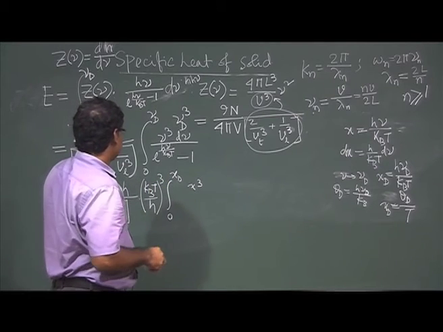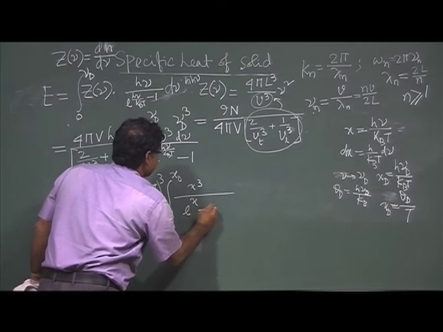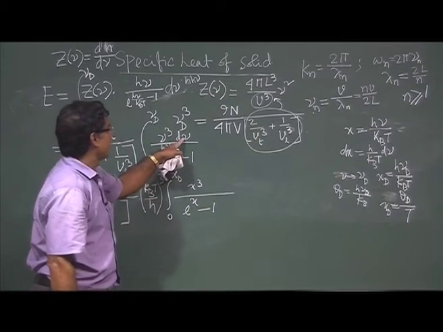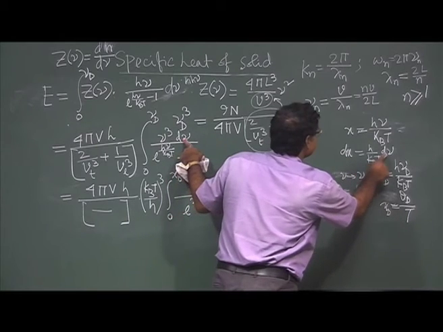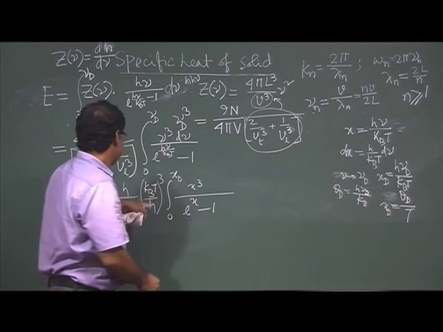Then divide by e to the power x minus 1, and for d nu I will get k_B T by h dx.